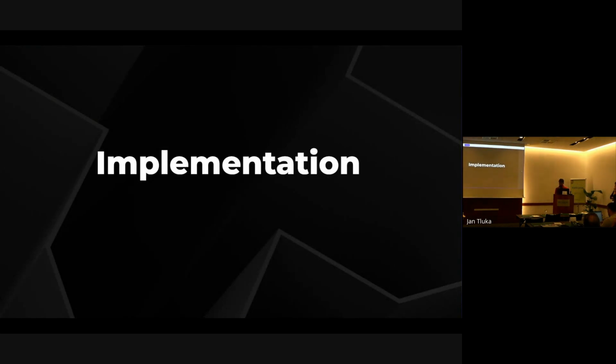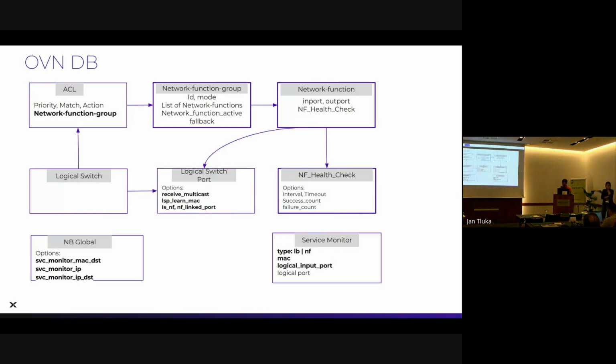Yeah, thanks, Rigdara. I'll walk you through the implementation part of this feature. Following are the NB changes and SB changes added for this feature, right? As explained in the previous slides, the ACL table schema is updated to refer to a network function group, or NFG.